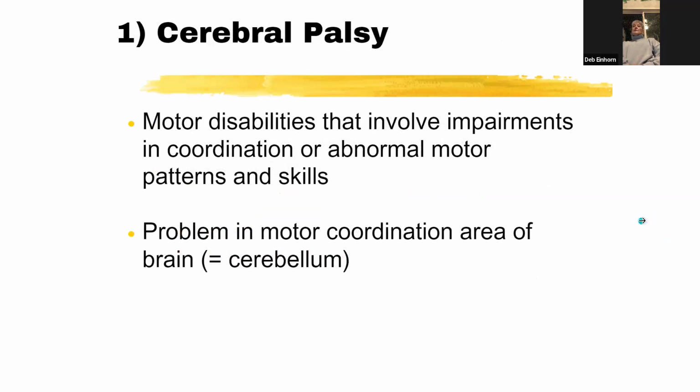So cerebral palsy is a condition that involves motor impairments. It could be as simple as coordination problems to something as significant as inability to use any of their limbs, their arms or legs, where you need to be in a wheelchair and need all kinds of assistive technology to access materials.